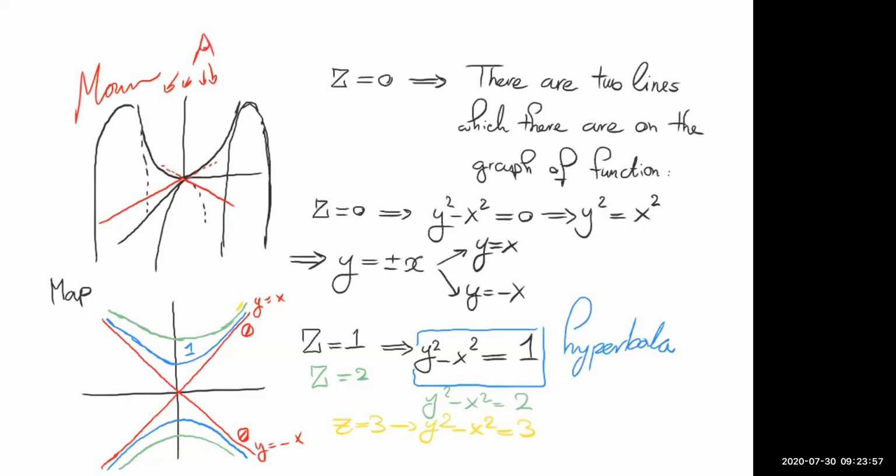That would be like this. On the graph of the function in the three-dimensional case, where z is 1, it actually looks like this. If I want to see that on the graph of the function, it would look like this.